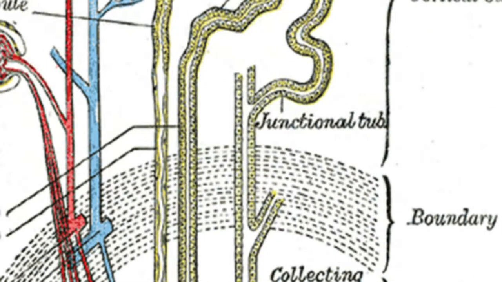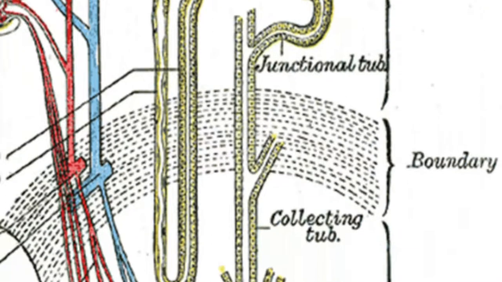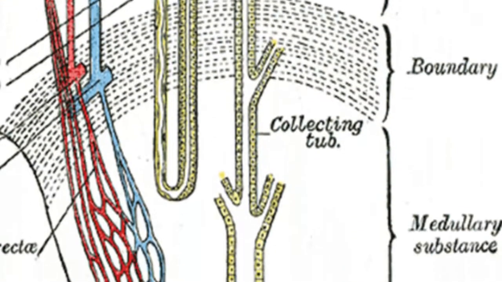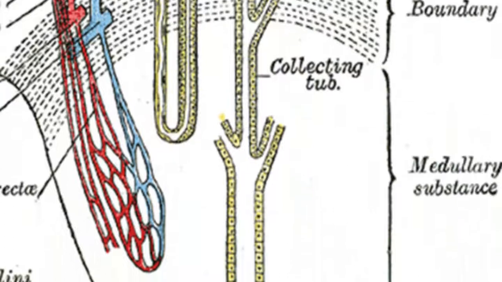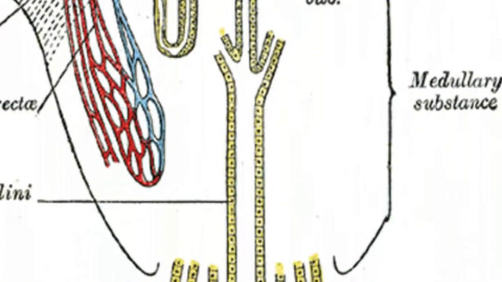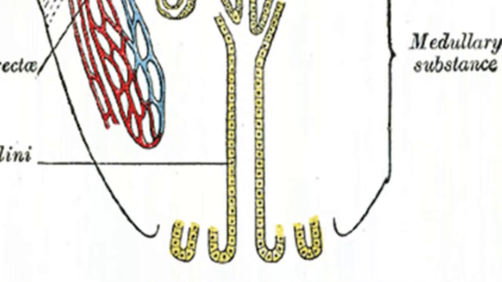Then these collecting tubules receive the filtrate from a number of nephrons, and later this collecting tubule opens into a structure called papillae.